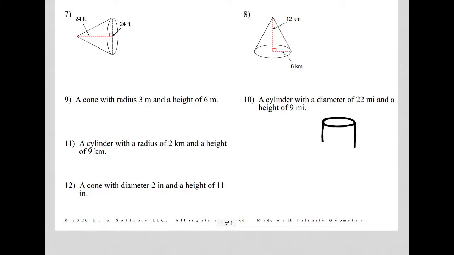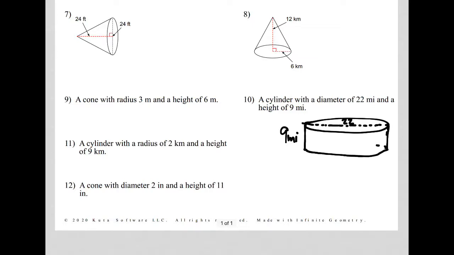And it really looks like the diameter is longer than the height. So just so it makes sense to me, I'm going to make sure my top is really big. And then we have our height is 9 miles and our diameter is 22. So if I was just drawing a model of this, it would look something like this. A little sketchy, but you know what I mean.